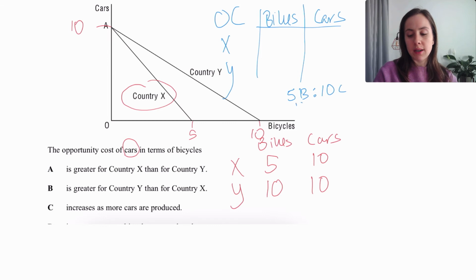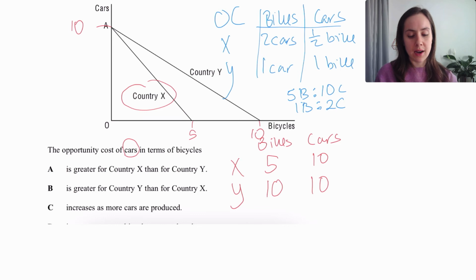To make one bike, they have sacrificed the ability to make 2 cars. And for country Y to make one bike, they only need to sacrifice 1 car. Country X, to make 1 car, has to sacrifice half a bike, and Y 1 bike. So I've got the opportunity cost there now.